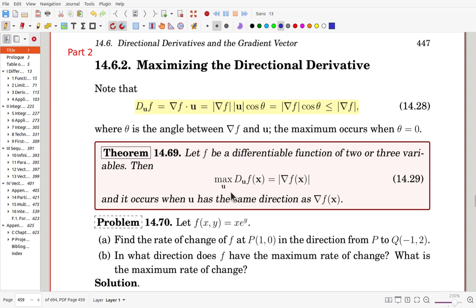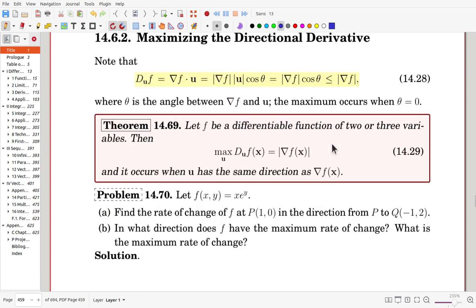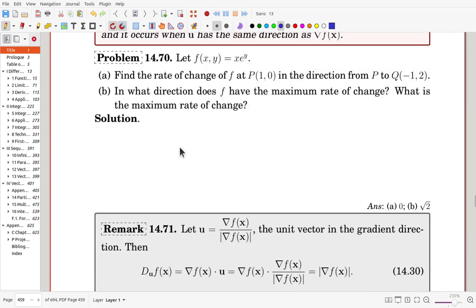Of course, the maximum is chosen over the direction. And now, as we saw from here, once u is chosen to have the same direction as gradient of f, then equality happens.